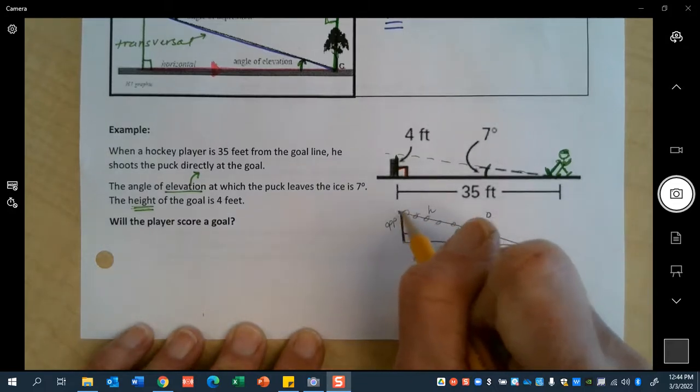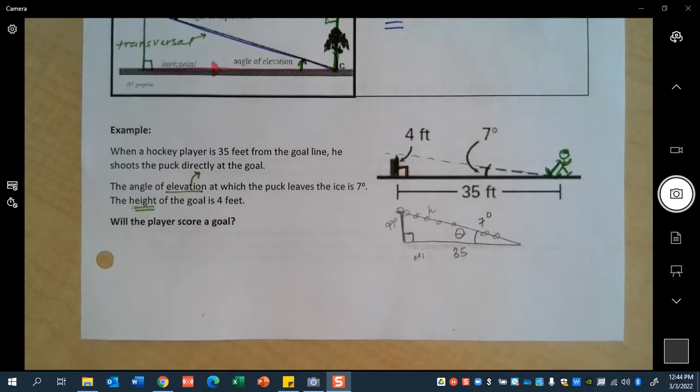So I need to know when the puck reaches that, how tall is it going to be? I'm hoping the answer is less than 4. If it's less than 4, it goes in. If it's equal to 4, bonk, it hits the crossbar. Maybe it then bounces in, maybe it bounces off, maybe it deflects. We don't know. But if it's bigger than 4, it's going to sail over top.